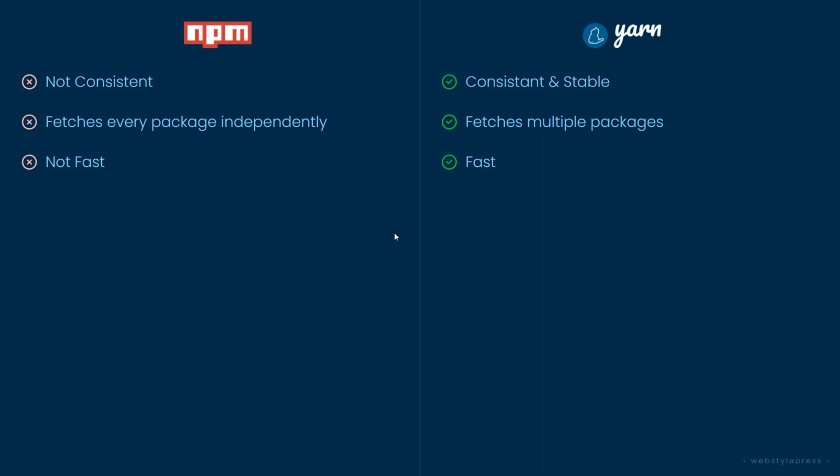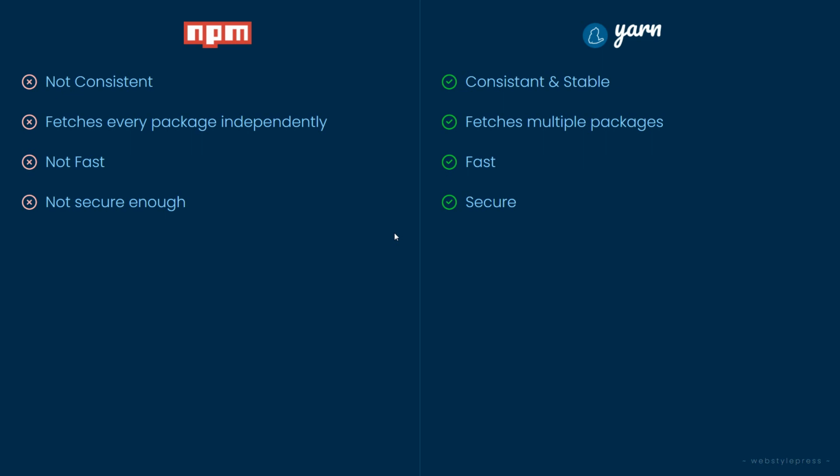NPM is not fast enough, while Yarn is considerably faster than NPM. Yarn caches each package it downloads, so it never needs to download it again. It also parallelizes operations to maximize resource utilization to make install times faster.